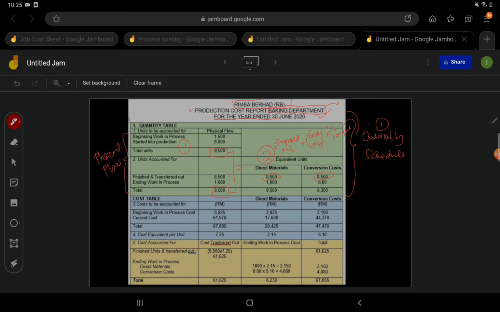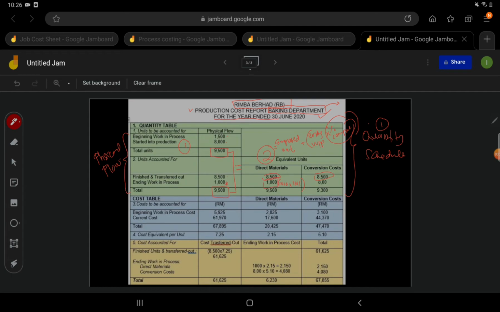And then the ending work in process is 1000. So based on the percentage of completed, in this example, how much? The direct material added at the beginning of the process. So 100. So here we get 1000.